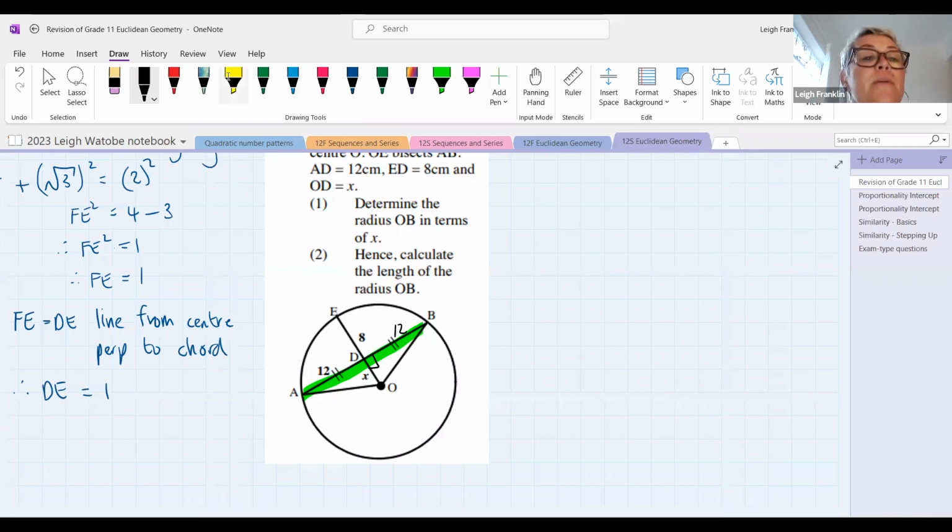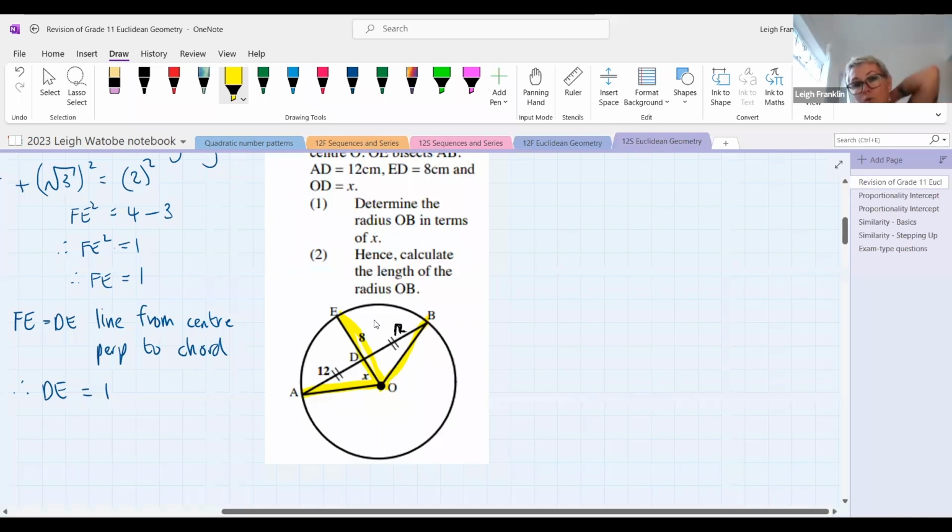The other bit of information that's perhaps not so obvious here, and I'm going to rub out the green line and leave the 12, is that there are lines here that are going to be equal to one another because they are radii. So OB is the same length as OE, sorry, badly drawn by me, is the same length as OA because they are all radii.